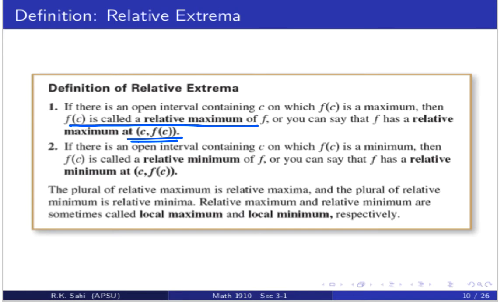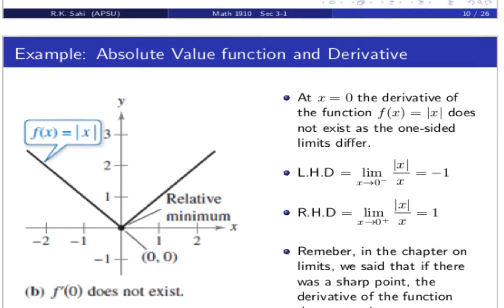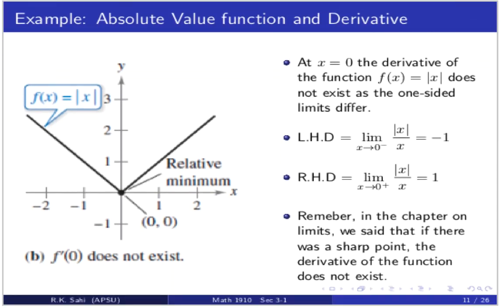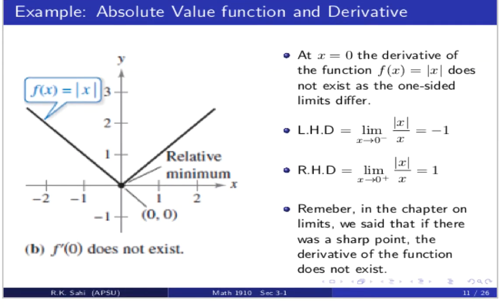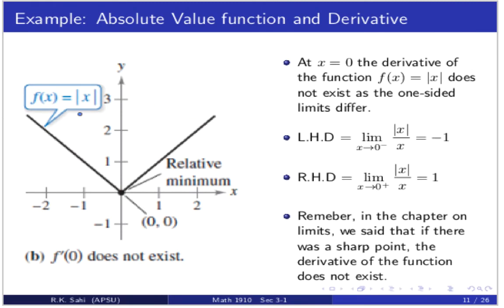Okay, now let's talk about absolute value functions and the derivatives. Here, notice we have a sharp point at 0. So clearly, from what we learned in our chapters on limits, this function is not differentiable at 0.